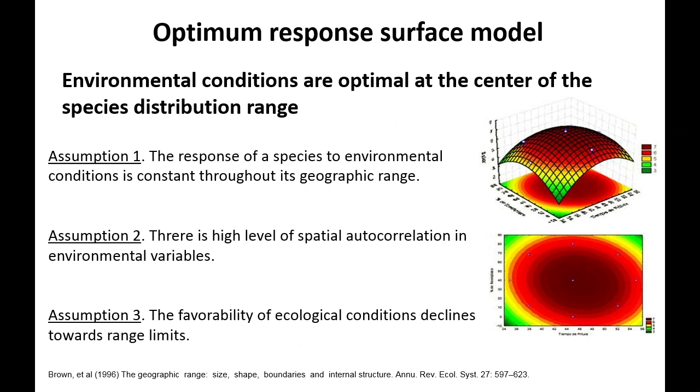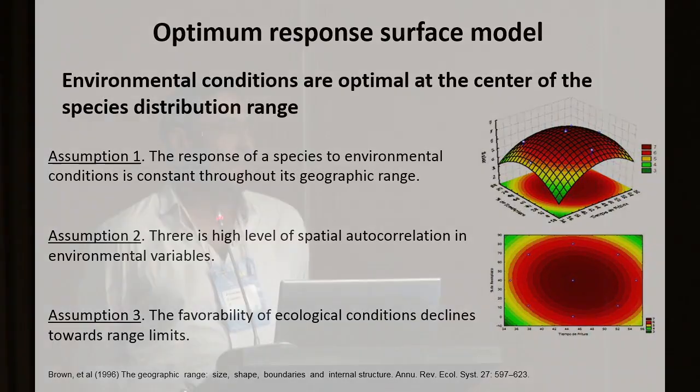One model is the optimum response surface. A simple idea about this is that the species has its optimal space in the center of the distribution. There are three assumptions linked with it. The first is that the species could be responding in a similar way in any part of this range.